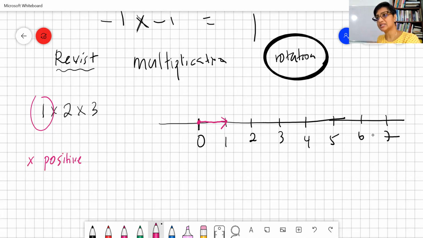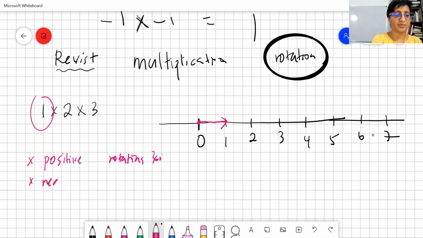You can think of it as rotating 360 degrees, which means you haven't turned at all. If you turn 360, it's equivalent to having not turned at all. You can think of it as rotating 360 or 0.